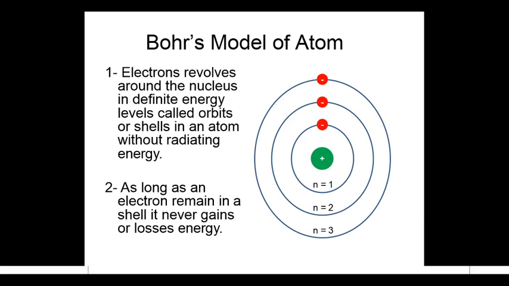Second one, as long as the electron remains in a shell, it never gains or loses energy. Here you can see the positively charged nucleus, and the electrons revolving in the orbits outside, and each orbit is given a name, n equal to 1, n equal to 2 and n equal to 3. Whenever the electron is in this shell or orbit, it will never gain or lose energy.